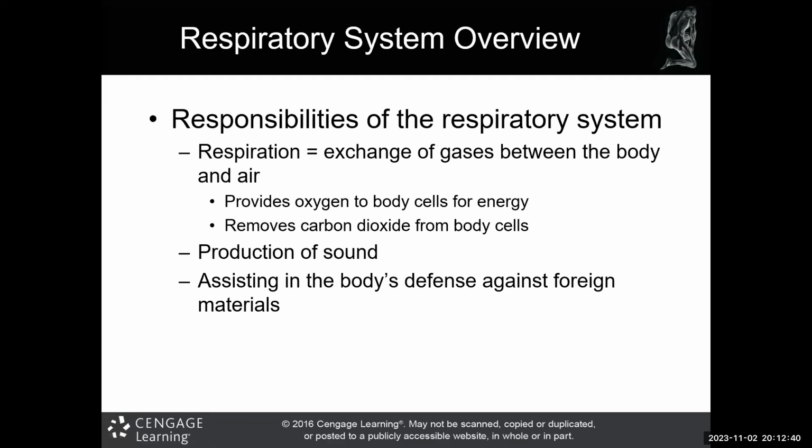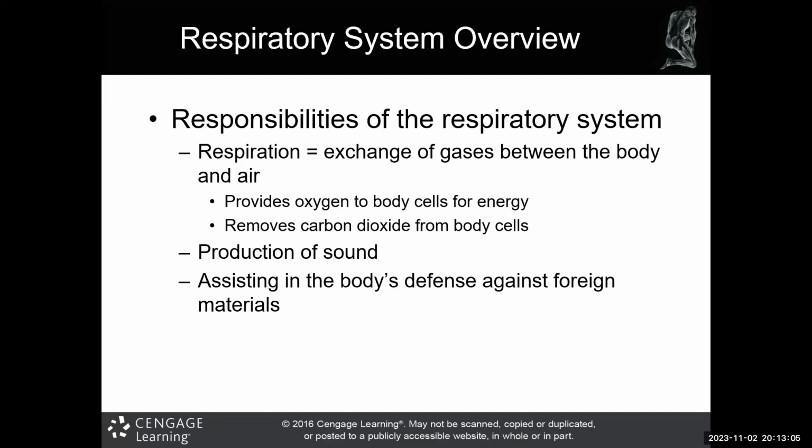So what's the responsibility of the respiratory system? It's respiration, but it's the exchange of gases between the body and air. Through the lungs it gets oxygen that it takes to the body's cells for energy, and then it removes carbon dioxide from the body's cells.